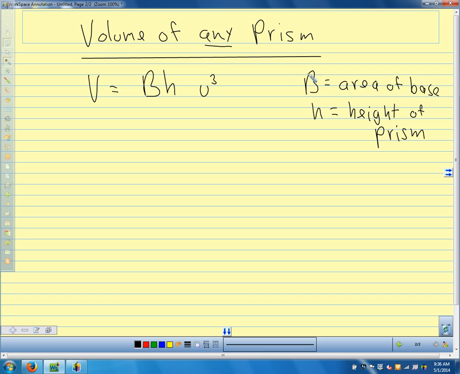So the area of the base depends on what shape the base is. Triangle, we have to find the area of a triangle. If it's a trapezoid, we have to find the area of a trapezoid. If it's a pentagon, etc., etc. All right, so let's look at a couple of examples. So here is my shape.